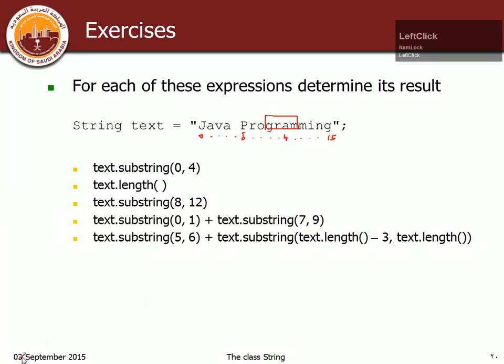So it's going to be gram, only one M. Okay, what about this one over here? 0, 1, 1 not included, so this is only J. And substring(7, 9): 5, 6, 7, so 7, 8, and 9 is not included, so OG.